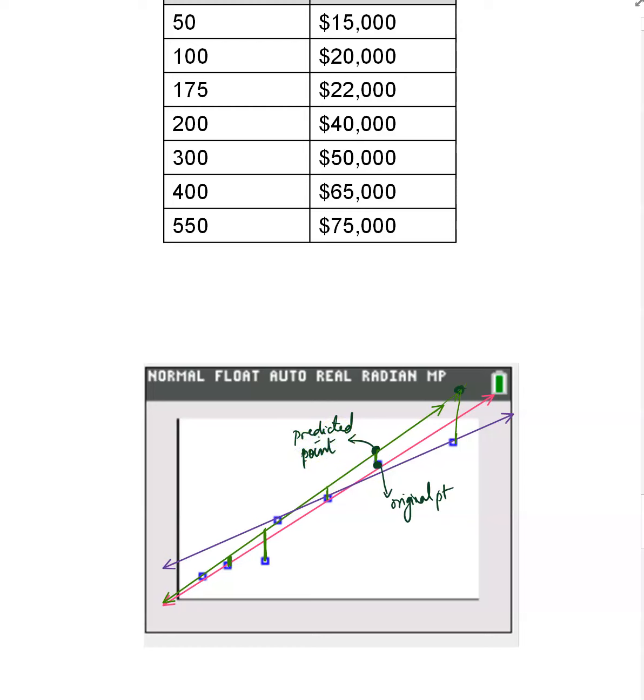We want this distance between the predicted point and the actual point to be as small as possible, because that is an error. The fact that the original point is not on the line is an error, so we want to minimize that error. For that, we actually consider something called the sum of the squared errors, SSE.